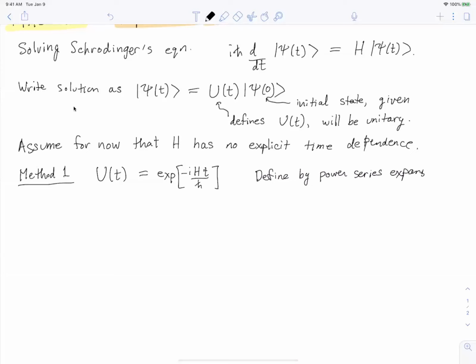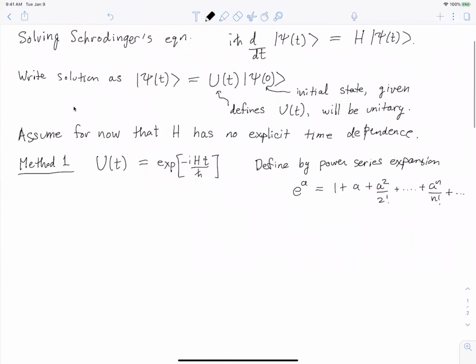Okay, and just to remind you that for an exponential, e to the anything, let's call it little a, is 1 plus a plus a squared over 2 factorial plus dot dot dot plus a to the n over n factorial plus dot dot dot. Right?